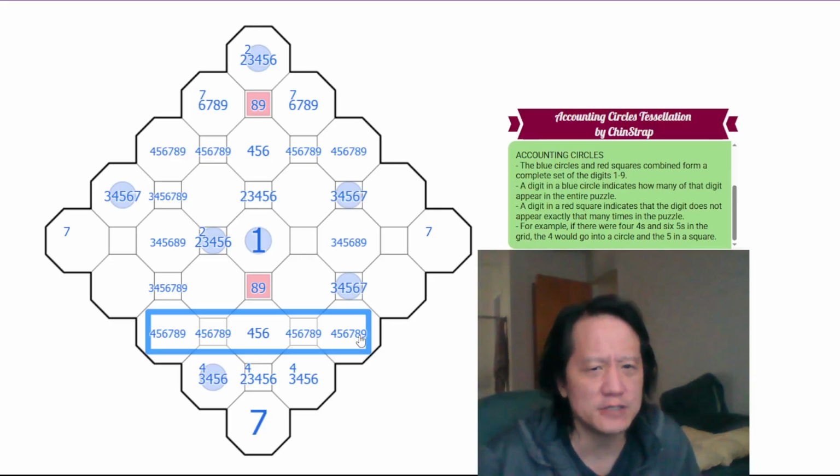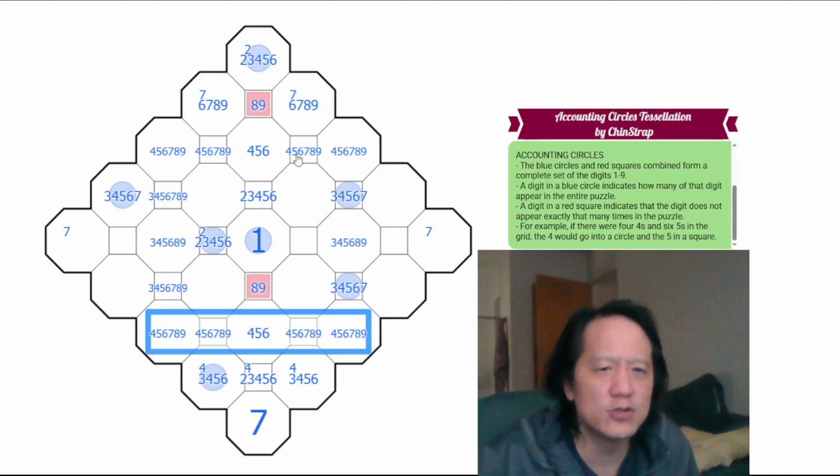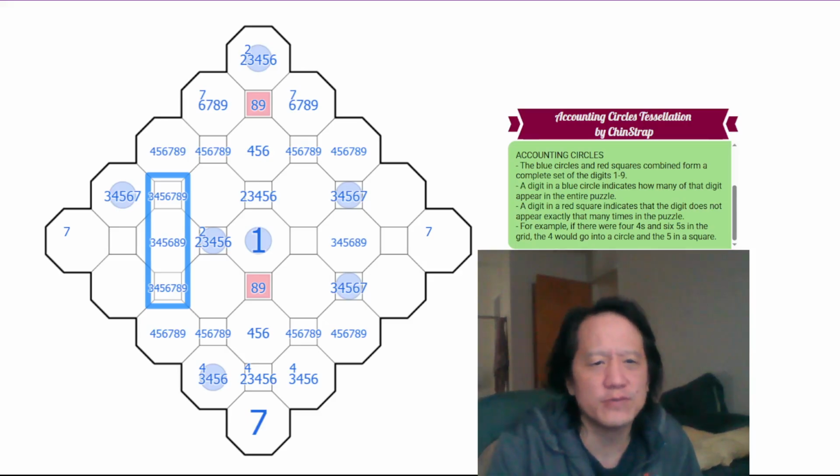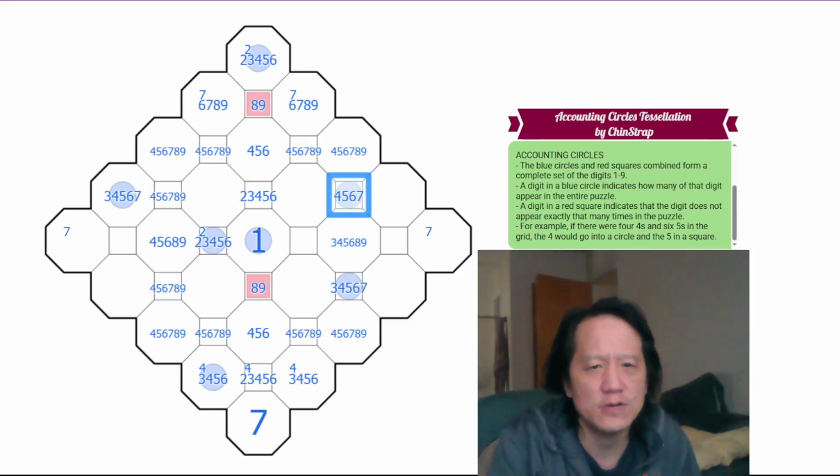I think my logic is sound, but then the problem becomes it doesn't seem that way, right? So you have a similar problem here. So then this can't be 3 either. You can't have 3 along here.